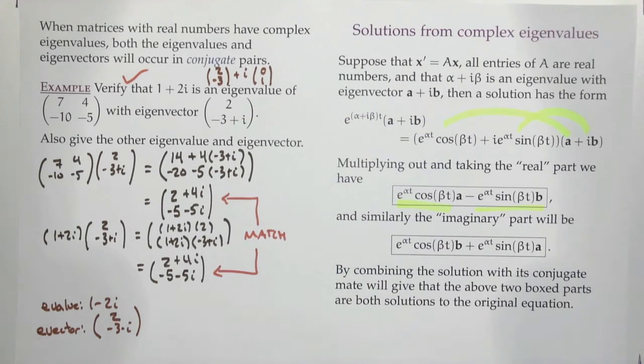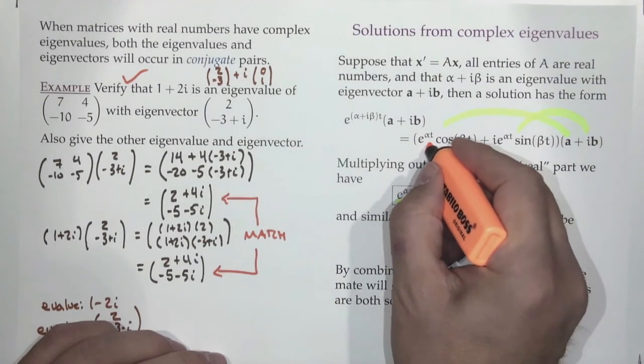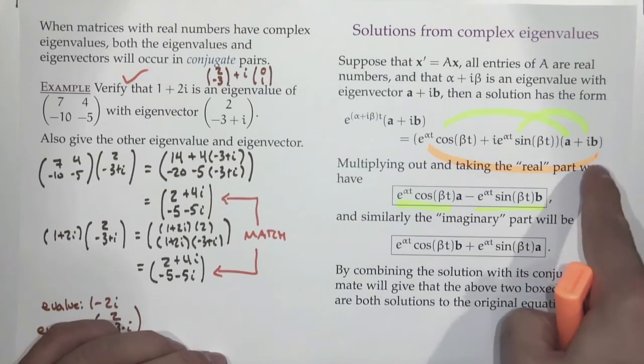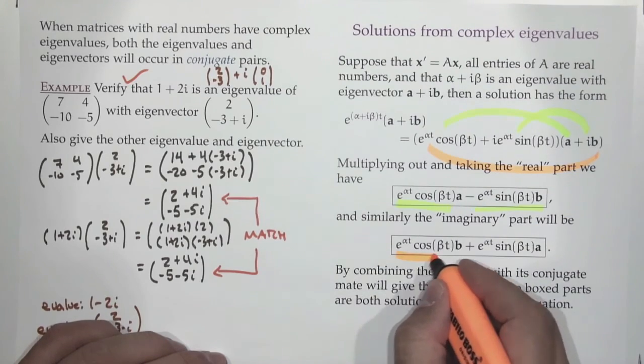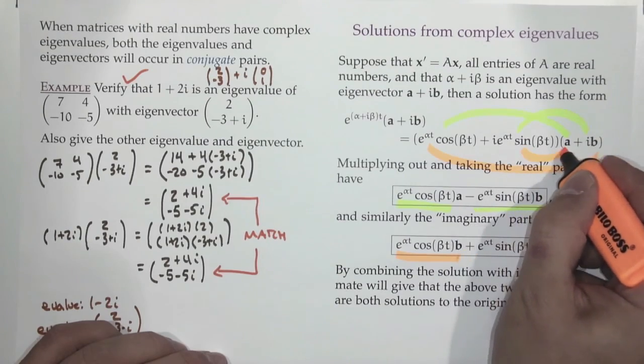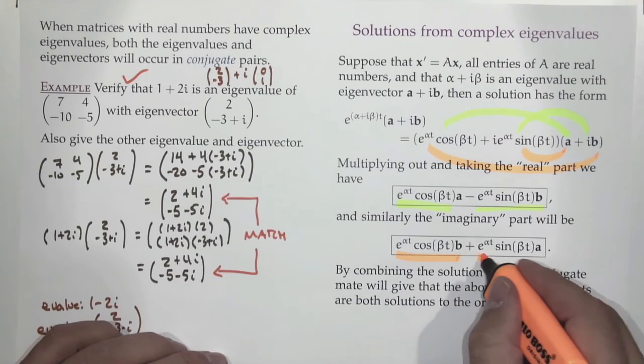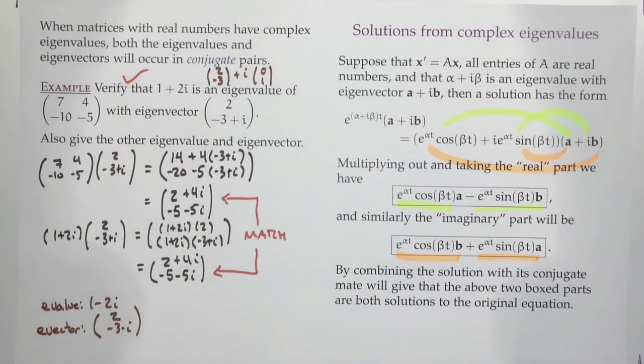And then you say, okay, the imaginary parts. Well, the e to the alpha t cosine beta t times ib, that's one imaginary part. And then the other imaginary part is the e to the alpha t sine beta t times a. So those are your two solutions. So that's how we get our two solutions when we have complex eigenvalues.